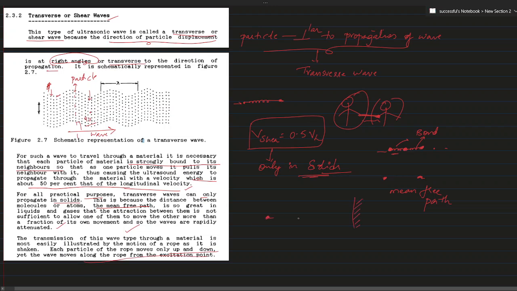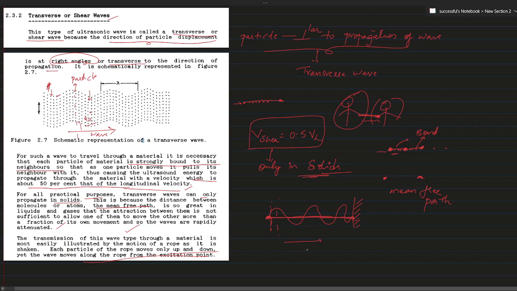Here there is a wall, and in the gym people do this with a thread. This is the rope. If you move the rope, it will move like this. Here this particle stays in the same position, but it moves up and down, while the wave is going forward.